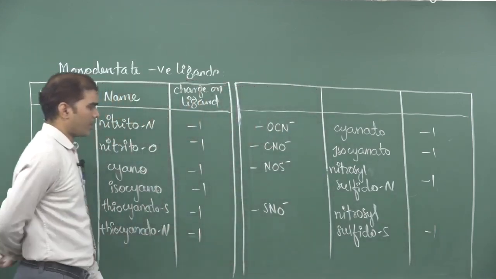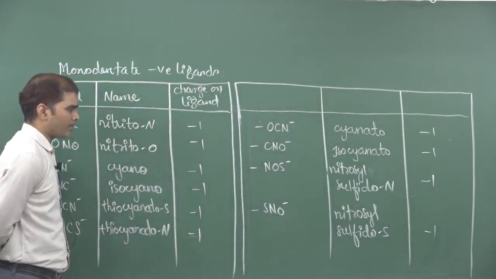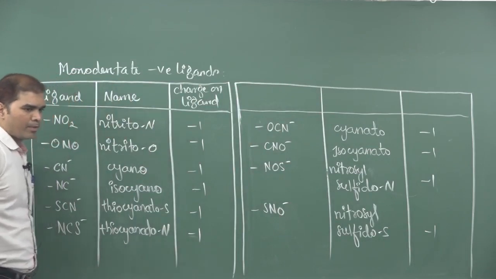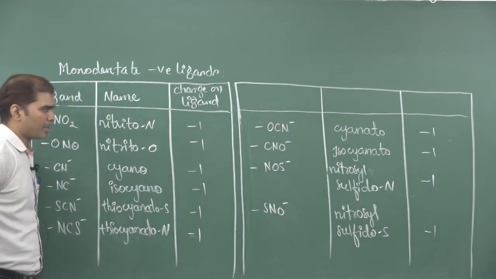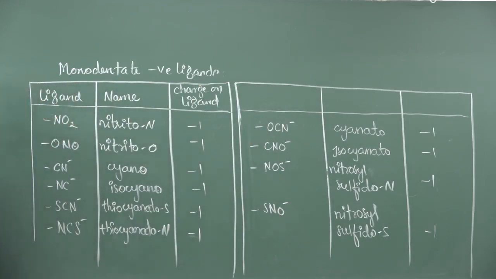Next one is NOS, nitrosyl sulfido. It is bound with N, therefore you call it nitrosyl sulfido N, nitrosyl sulfido S. This table completed.